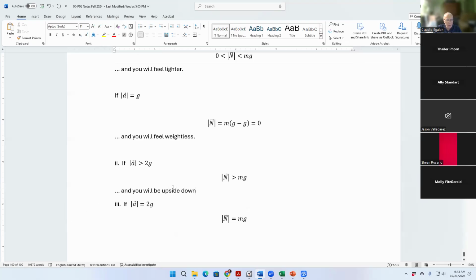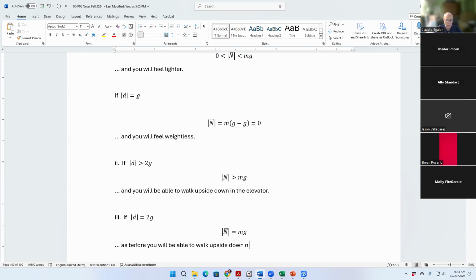You will be able to walk upside down in the elevator. If A is exactly equal to G, the normal is going to be mg, and as before, you will be able to walk upside down inside the elevator, right?